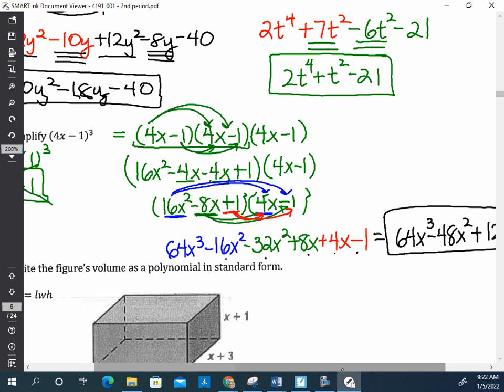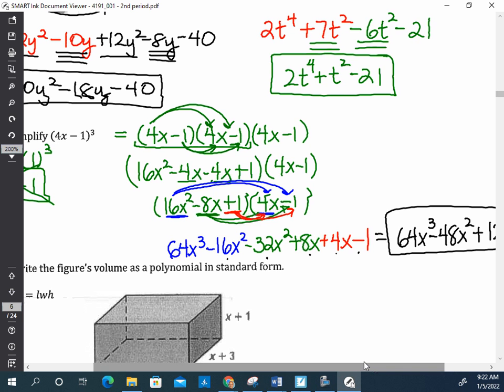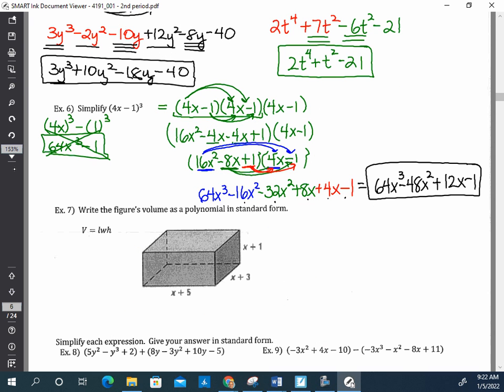Not hard, just a little bit of work. Any questions? Example 6 before we do 7. Get you a couple minutes break. Then you'll work on the half sheet. Get everything on the full page.